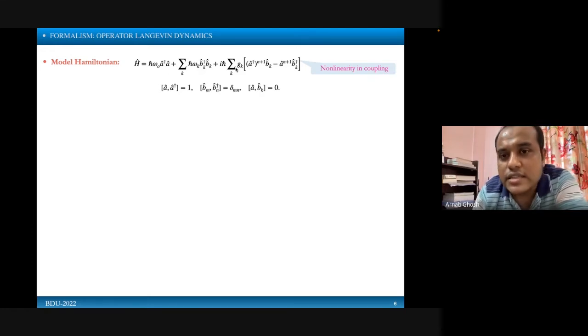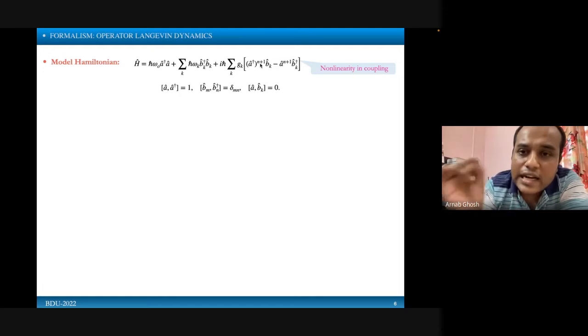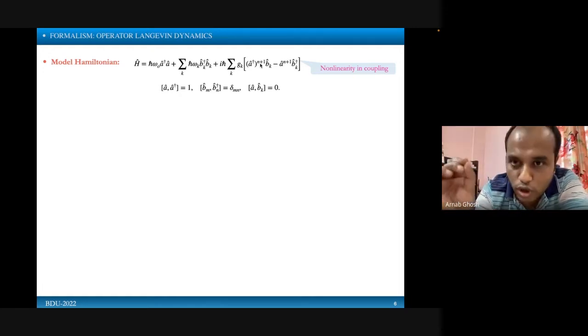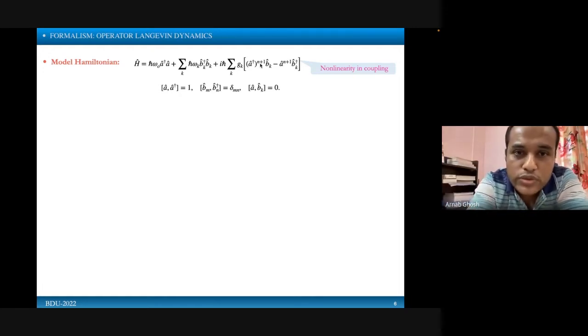And the third is the interaction Hamiltonian, and this is nonlinear, as you can understand. Here, n is taken as a parameter, and I will show you that n can take values 1, 2, 3, and so on. What we have found is that the van der Pol and the Rayleigh oscillators are obtained in the special limits when n is equal to 1, as we will discuss.